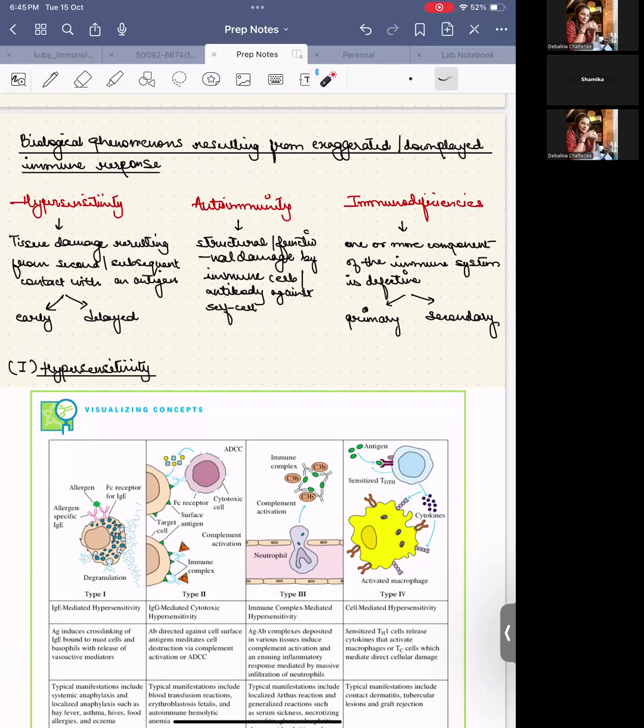So the first case, where we have an exaggerated immune response, is the case where we say that there is a situation of hypersensitivity.